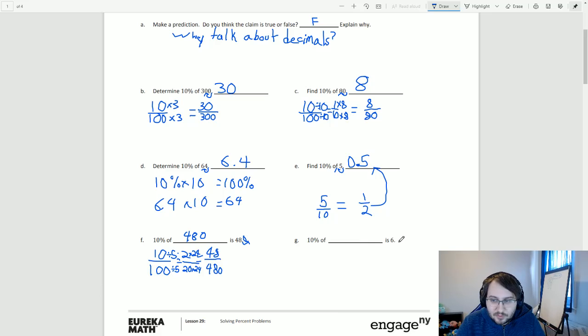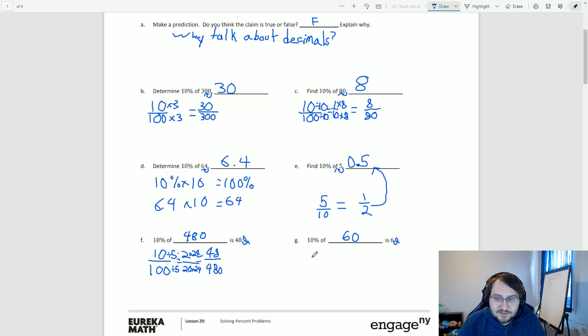Let's see if the same holds true for this. Well, if I was to move the decimal to the right one here, I would get 60. Well, let's test it. We're going to do it this way.